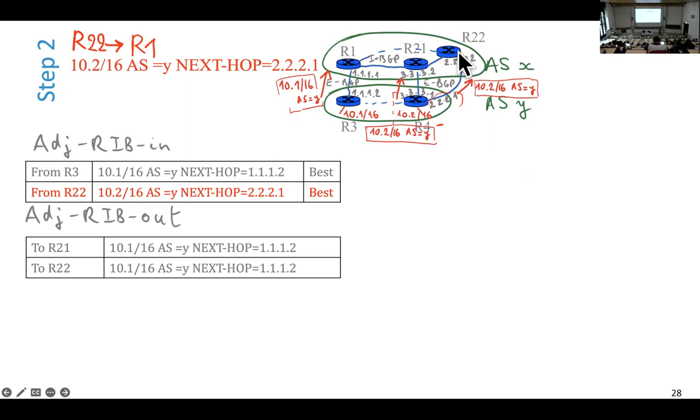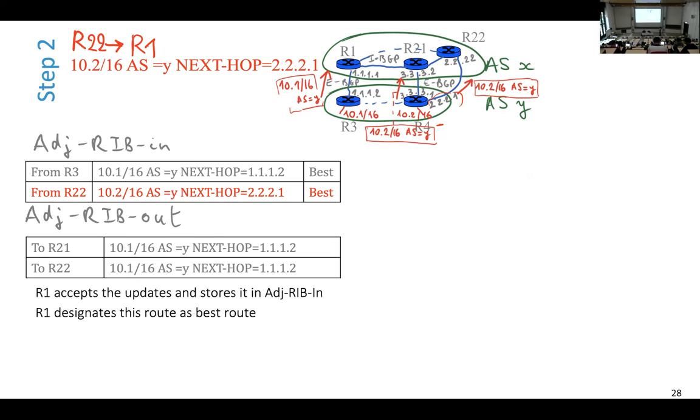What about externally? This router is attached to another router externally. It makes sense to announce this route, but not in this case, because that creates a loop. This is a route that you have learned from AS Y. You do not repeat it again to AS Y because you create a loop. So we have rules to avoid loops, and one of them is this one. A route that you have learned from one AS, you do not repeat it to the same AS. So the advertised route does not change, and in fact, R1 does not send any announcement after learning this new route.